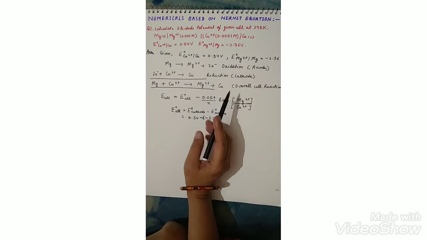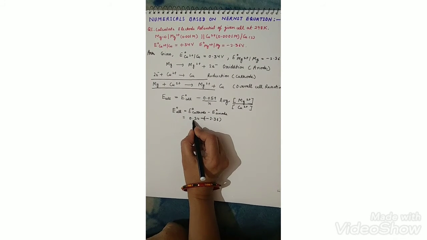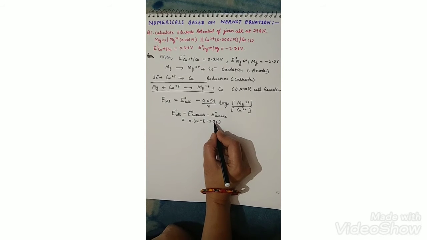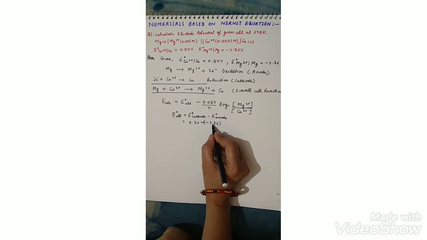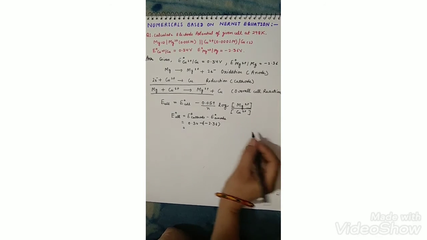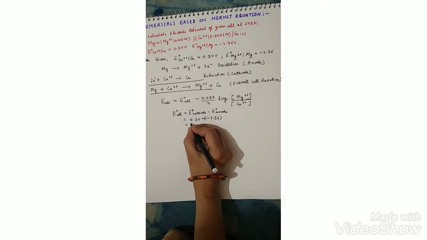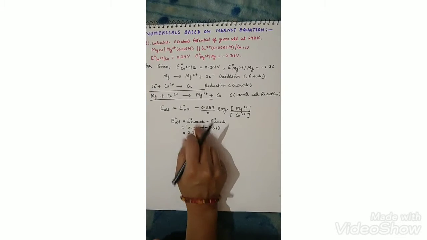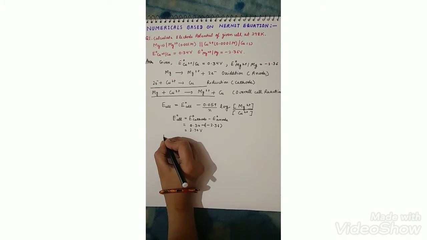Since the cathode is the copper electrode, the value is 0.34, which is given in the question, and the anode is magnesium, whose value is minus 2.36. When we solve it, we get 2.70 volt.